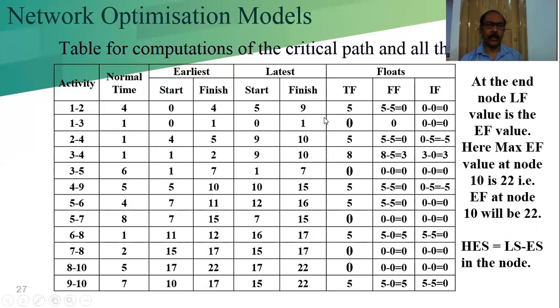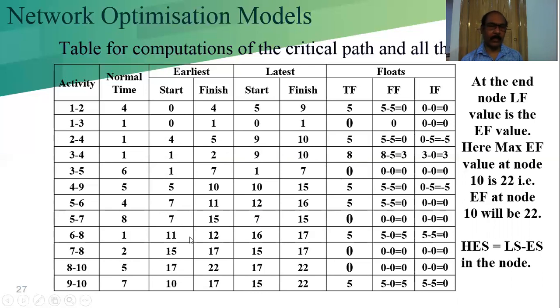0 minus 0 is 0. Now 9 minus 4 is 5. 9 minus 1, this start minus this start, and latest start minus early start, or latest finish minus early finish. That way we can calculate it. So 9 minus 1, 8. 1 minus 1, 0. 10 minus 5 is 5. 12 minus 7 is 5. 7 minus 7 equal to 0.